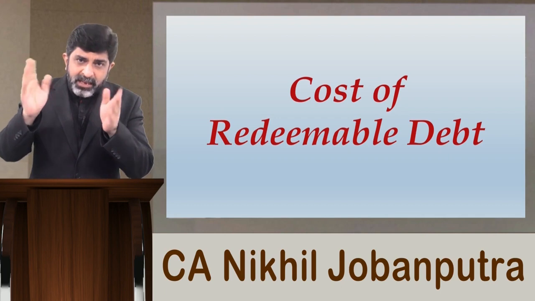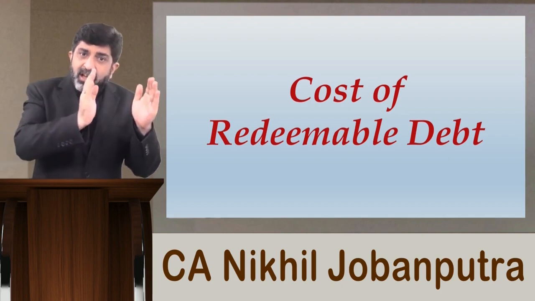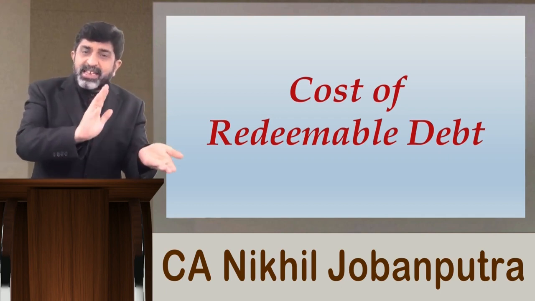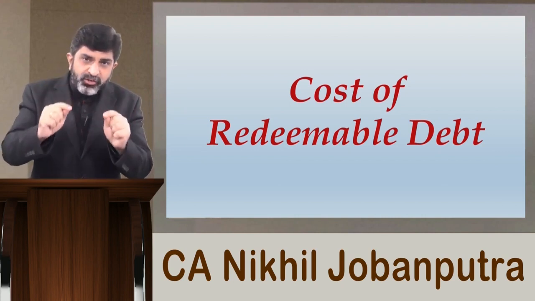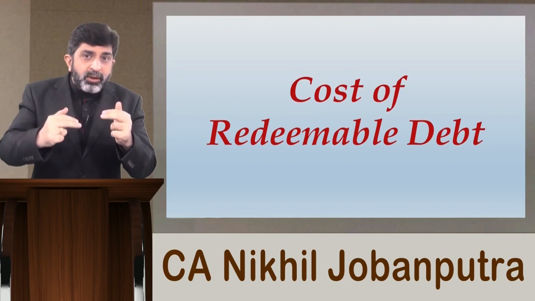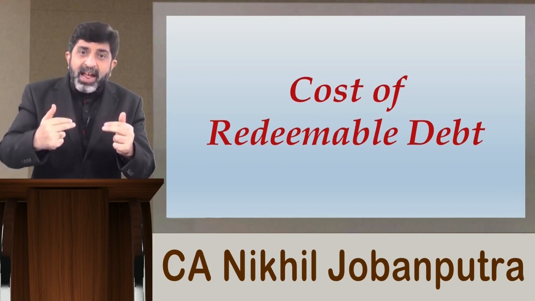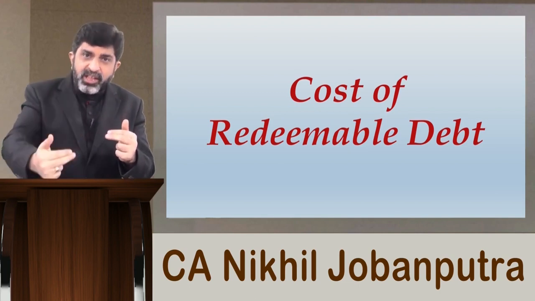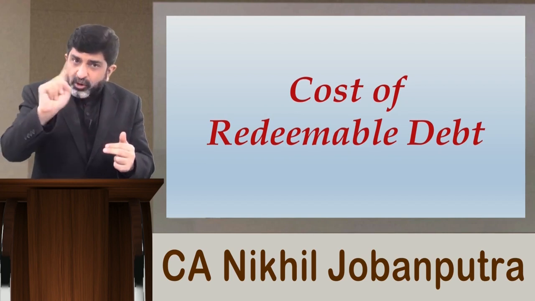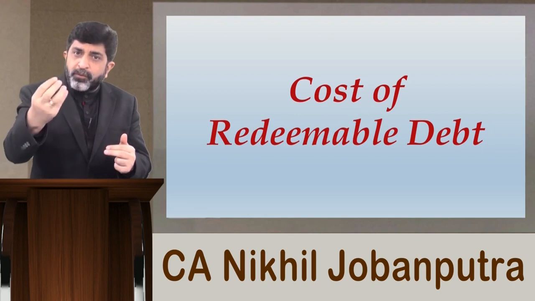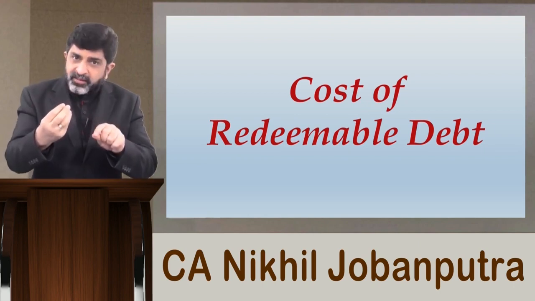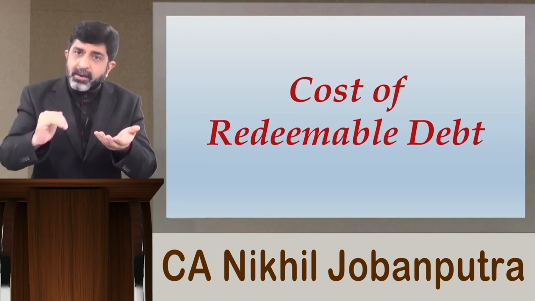When you apply 1 minus t, the pre-tax portion of interest gets converted into post-tax. When you issue a debt instrument and pay interest thereon, that interest is not your full cost, because whatever interest you pay, some portion of tax you will save on that expense, because your profit will actually come down.